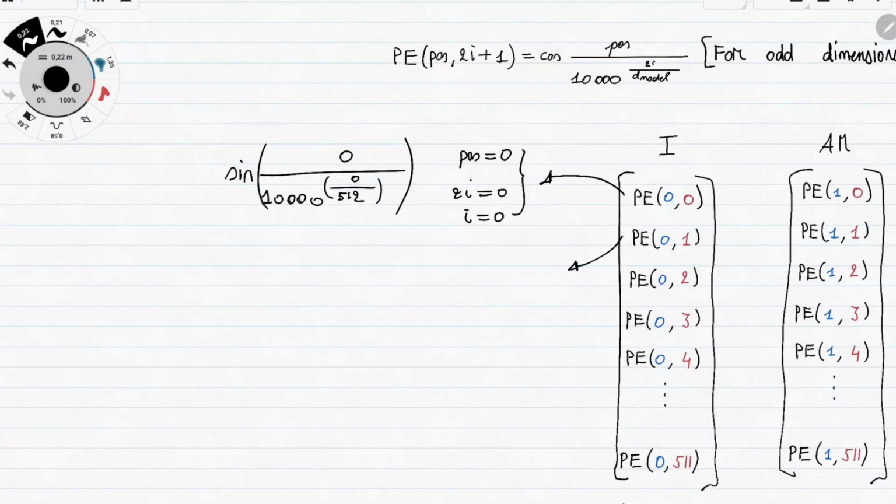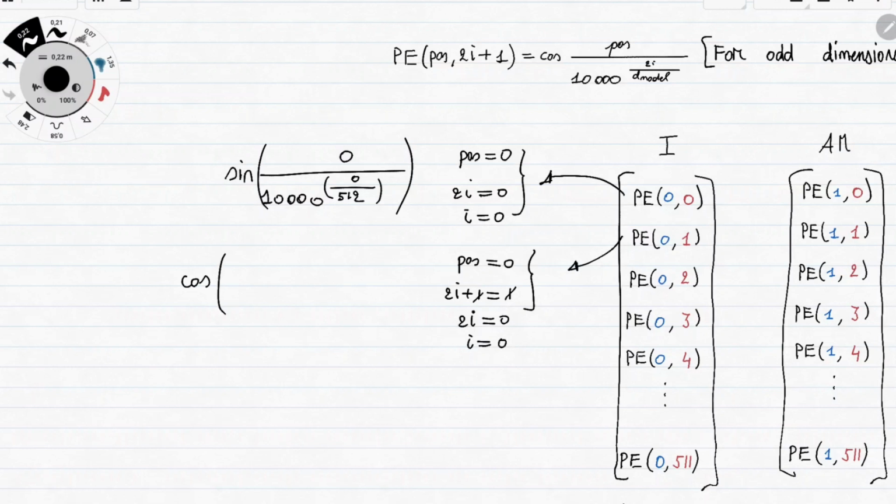Then for the second positional embedding, at dimension 1, we have still position equal to 0 and 2i plus 1 equal to 1. So the ones cancel out. We get 2i equal to 0, which results in i equal to 0. So again, we get i equal to 0.